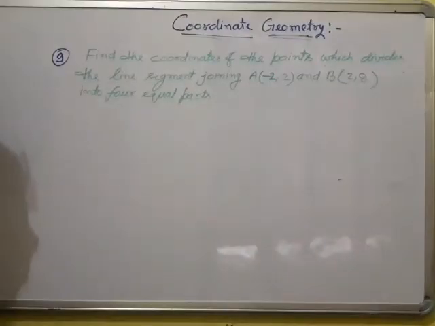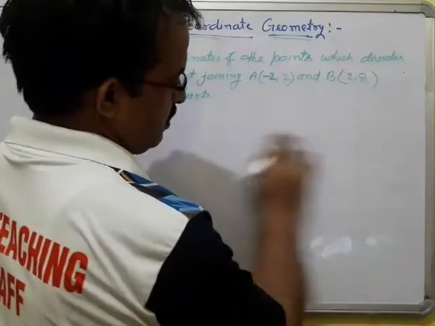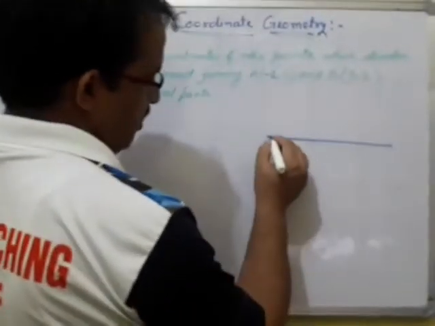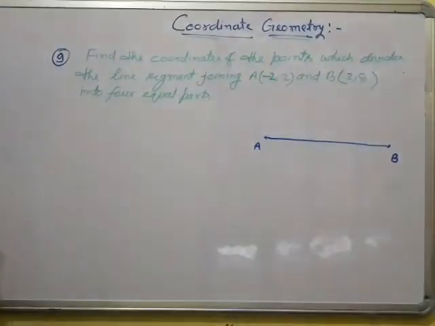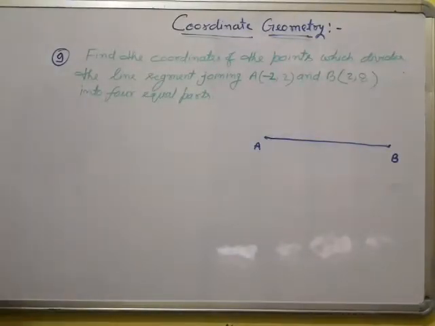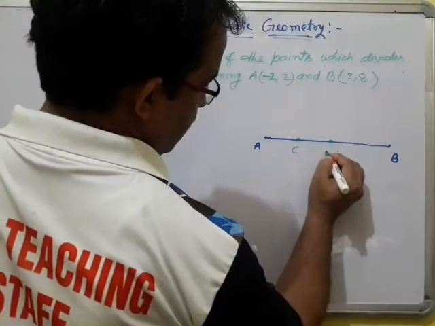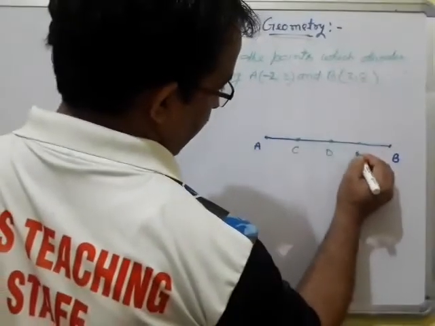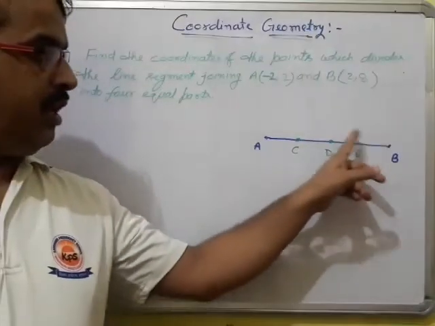It is saying that there is a line segment, let this line segment be AB. Divide it into 4 equal parts, with points C, D and E. AB is a line segment and there are 3 points on it, giving 1, 2, 3, 4 equal parts.